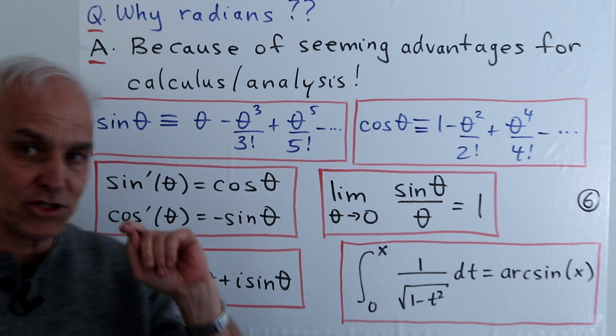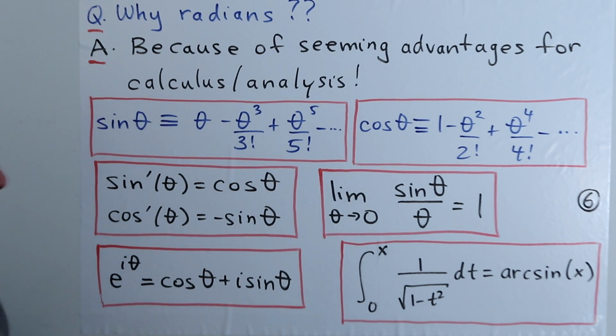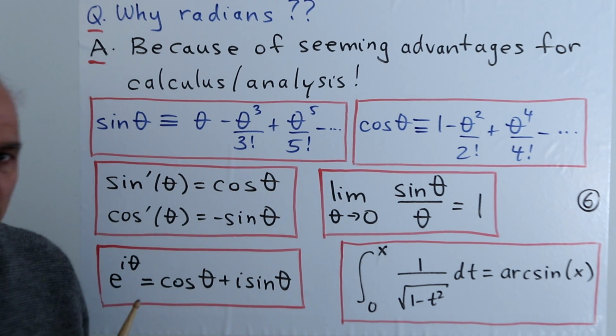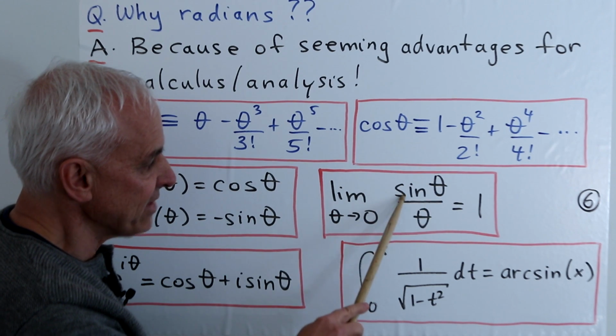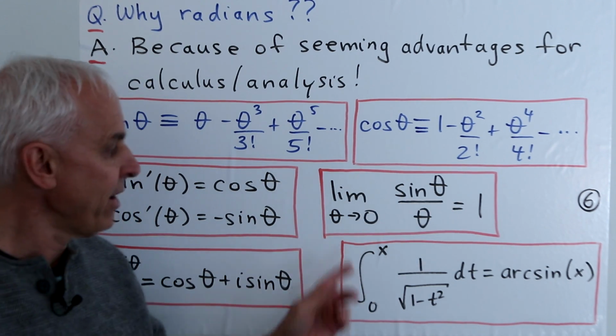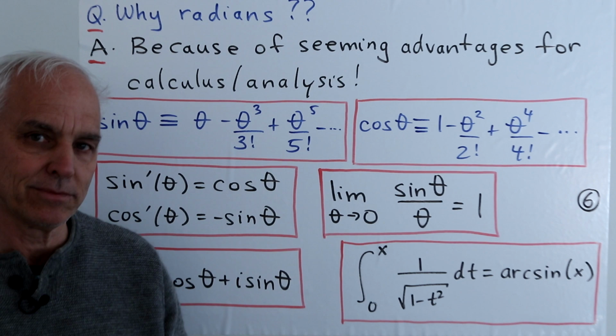There are other advantages, though, once you have these functions set up, because if you invoke the standard story for calculus, then the derivative of sine turns out to be cosine, and the derivative of cosine turns out to be minus sine. And there's a pleasant limiting property that sine theta over theta is 1 as theta goes to 0.